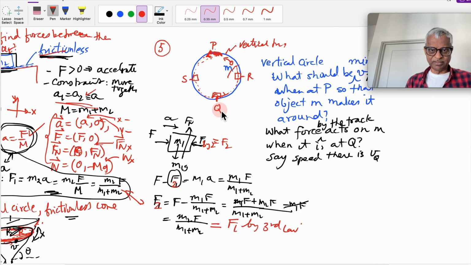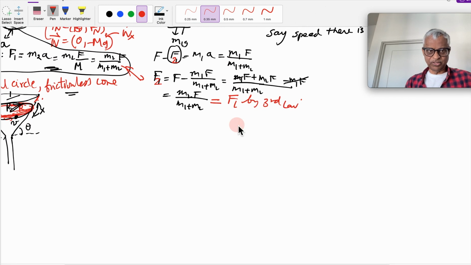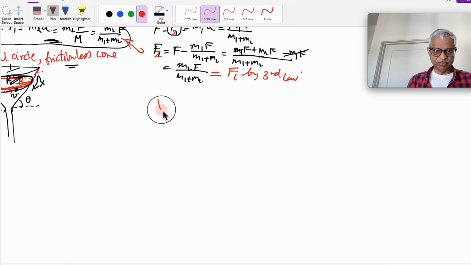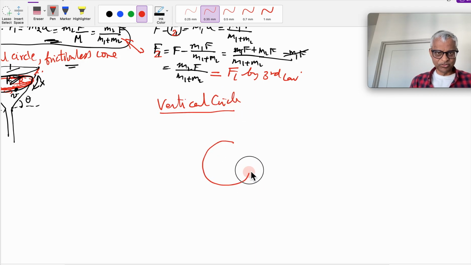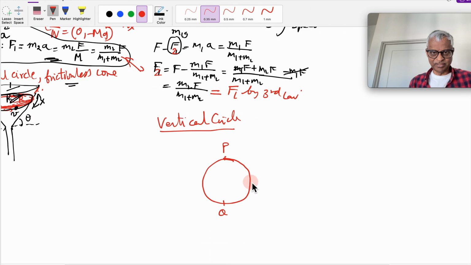Let's do the vertical circle. So we already know the vertical circle, so I'm going to draw it over here. It's a very commonly asked question. So here is P, the Q. I think I draw R on the right side.